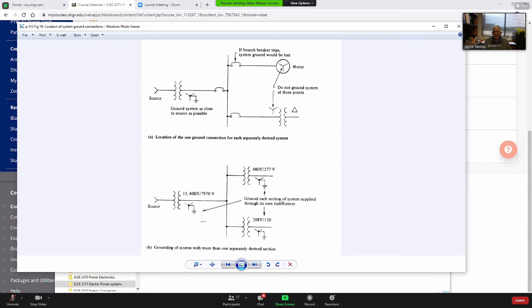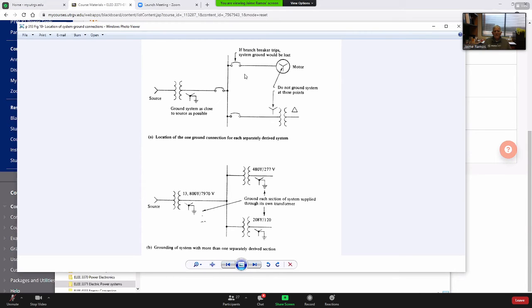So ground each section of the system supplied through its transformer. So in the first case, where the motor or the primary, the neutral is not grounded because it is already grounded in the secondary of the primary transformer.